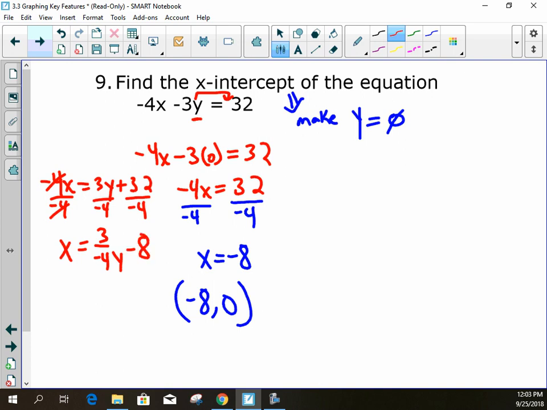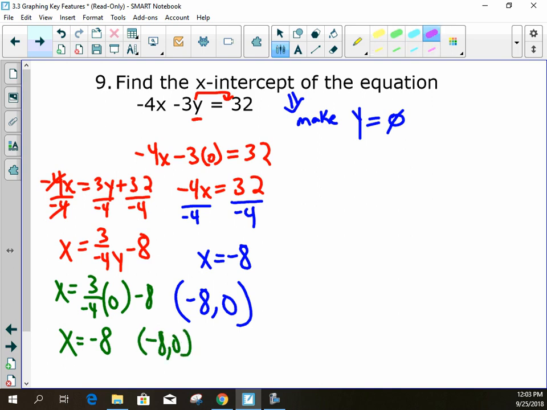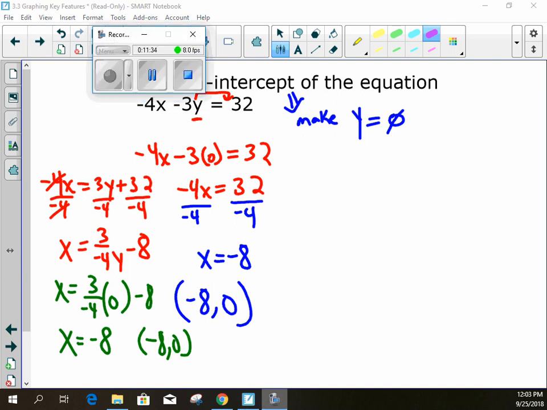Now I make y equal to 0: x equals 3 over negative 4 times 0 minus 8. X equals negative 8. Can I leave my answer like that? Nope. I got to say negative 8 comma 0. That's a lot of work. This is where we weed out the kids that don't want to do a lot of work. So practice this, you'll be fine.